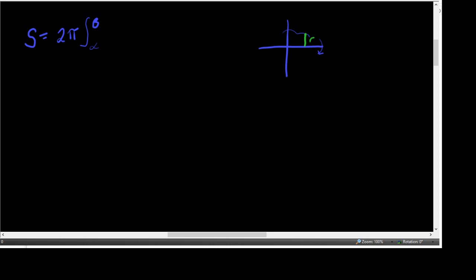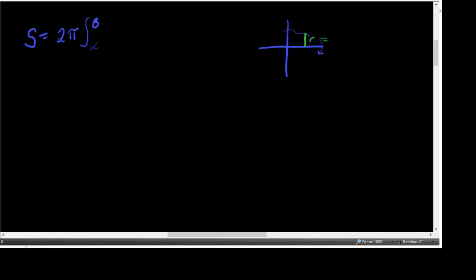And that radius is going to be r, or the function of theta. Oh, I'm sorry. Let me back up. I said something wrong.